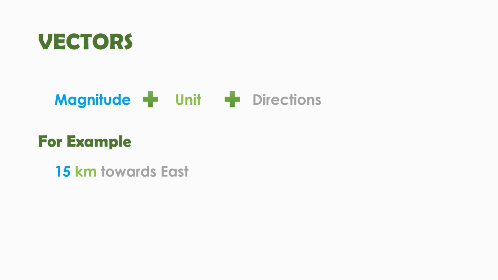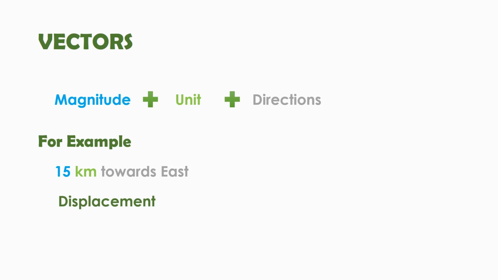Here, 15 kilometer towards east represents the magnitude, 15 kilometer is the magnitude with its unit, and towards east is the direction.